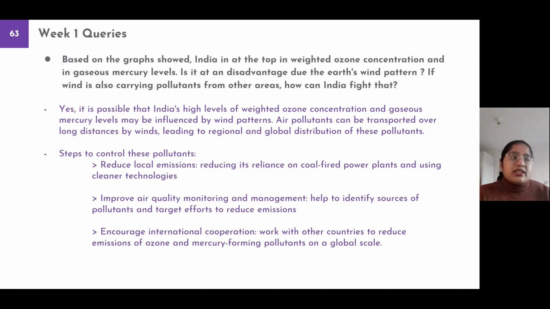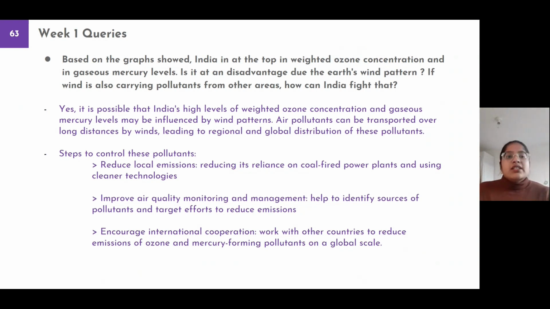It is possible that India's high level of weighted ozone concentration and gaseous mercury levels are influenced by the wind patterns or the dust belts, as shown in the lecture video. Air pollutants can travel long distances by winds, leading to regional and global distribution of these pollutants.